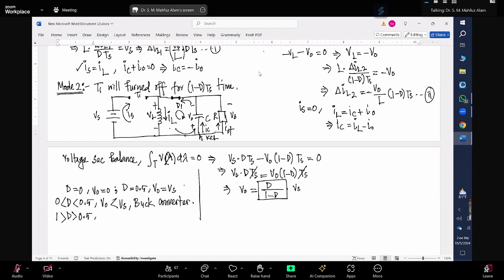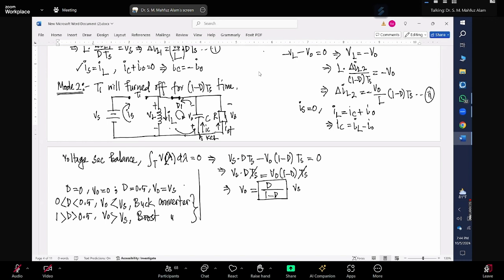Suppose we are considering D to be 0.75. So 0.75 over 1 minus 0.75 gives you 0.75 over 0.25. So your output will be 3 times higher than your source voltage. In that case, your V naught will be higher than Vs. So it will operate like a boost converter, right?